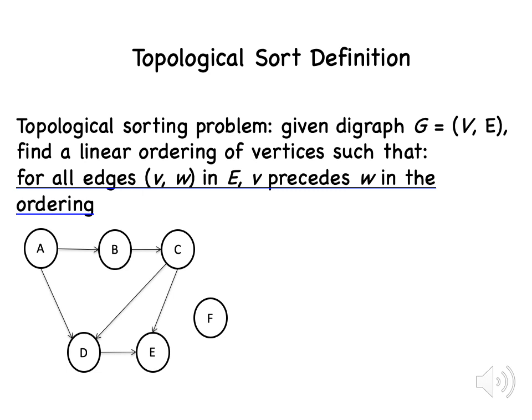Find a linear ordering of vertices such that for all edges (V, W) in E, V precedes W in the ordering.